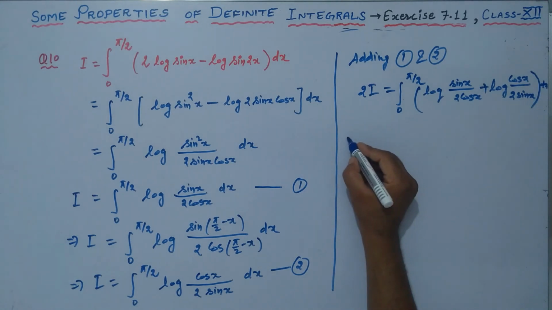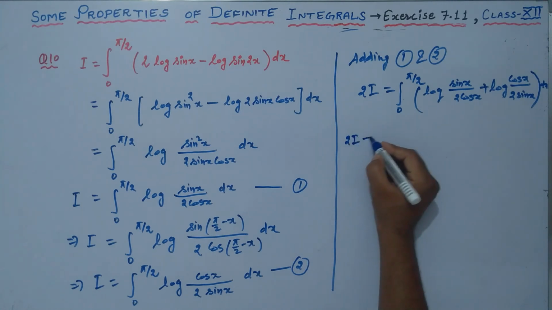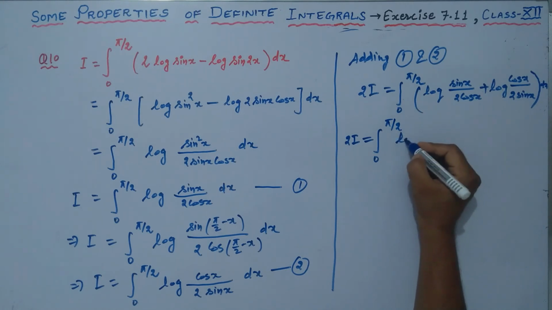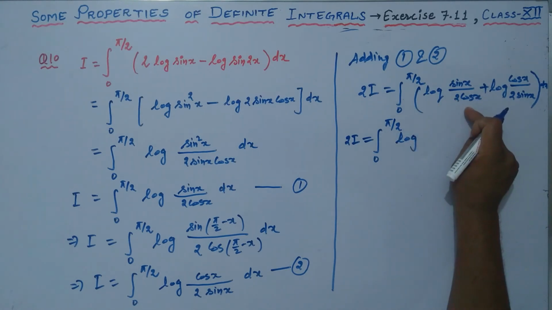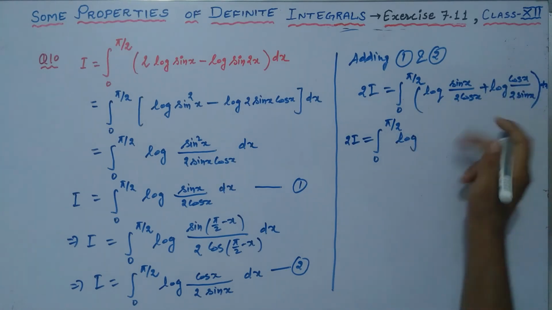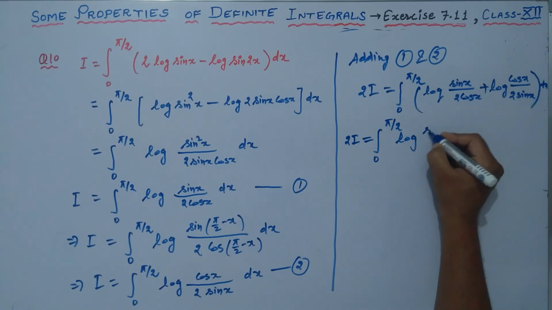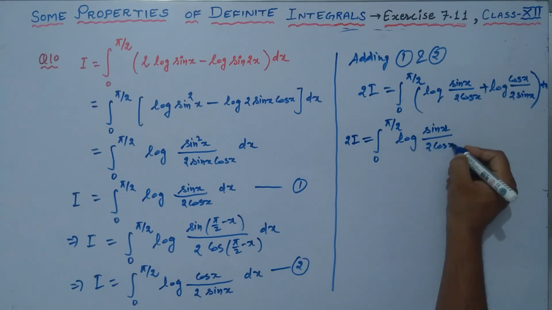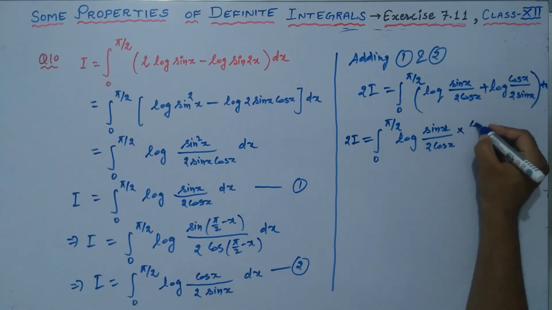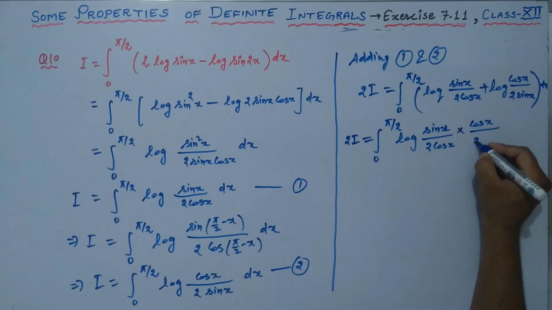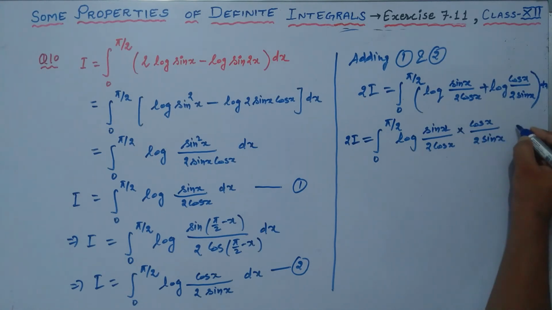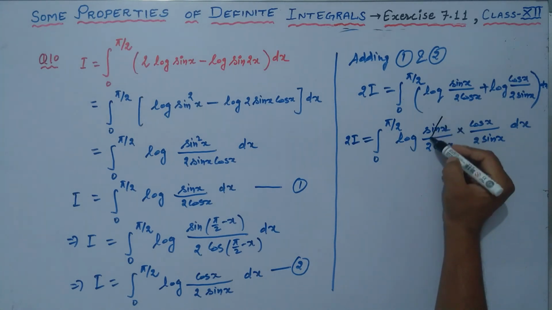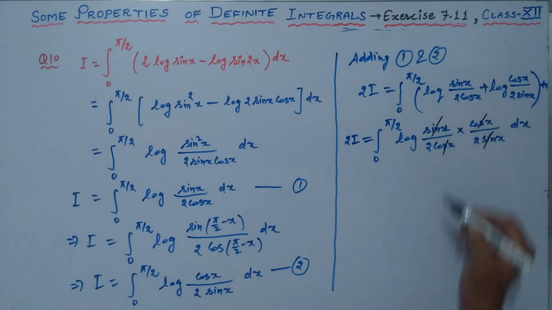So further this becomes 2i is equal to, limit 0 to pi by 2, log m plus log n, meaning their product, log m into n, sin x upon 2 cos x into cos x upon 2 sin x into dx. Now here sin x cancelled, cos x cancelled.